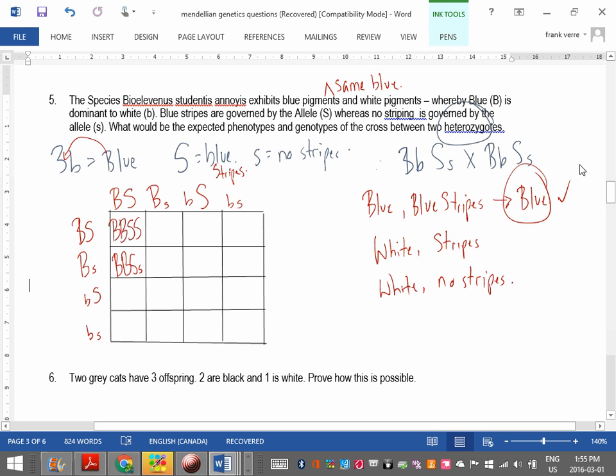Blue with stripes. What about this one? Well, if they're different color blues, then it would be different. But in this case, they're the same blue. What would this be? Blue. What about this one?